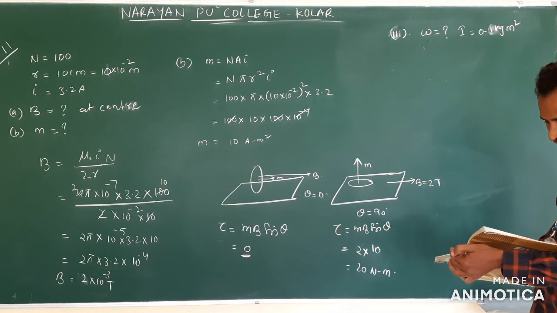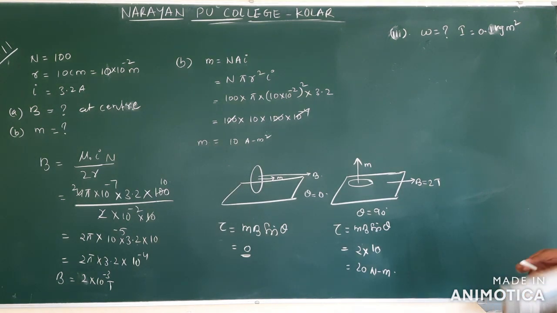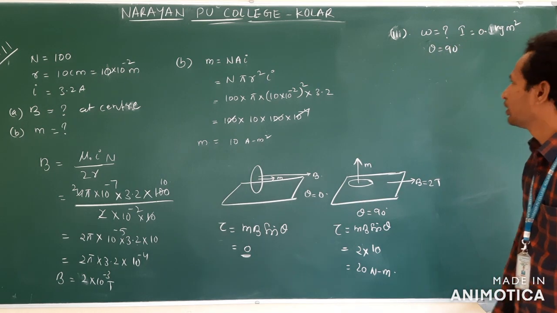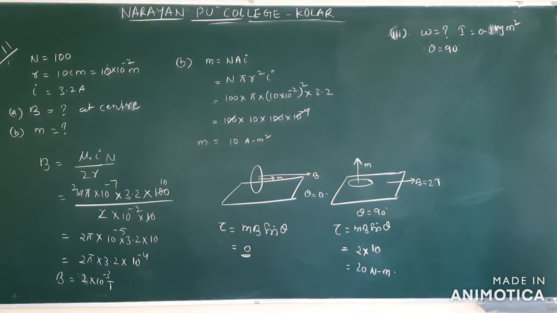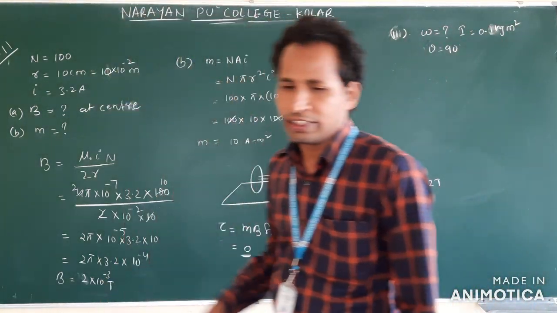What is the angular speed acquired by the coil when it has rotated by theta equal to 90 degrees? This we need to calculate. This is very important. Clear?